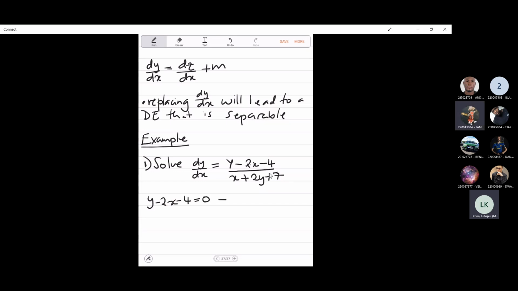So this would mean y is equal to 2x plus 4, and then x plus 2y plus 7 is equal to 0. This would mean that y is equal to minus a half x minus 7. So the gradients are obviously not the same. So these two lines are not parallel.